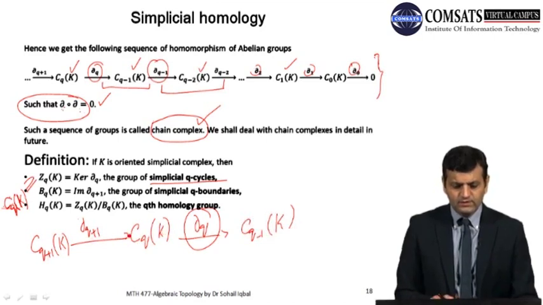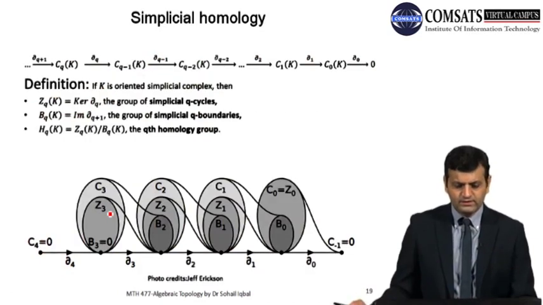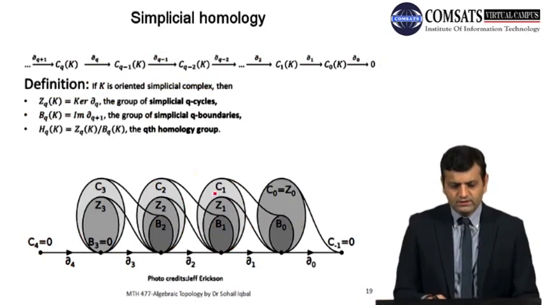This boundary map has some image elements in C_q(K). So take elements of C_{q+1}(K) and the images will be elements of C_q(K), and we are calling them the simplicial q-boundaries, because this is the boundary operator and we are calculating the boundaries. Okay, so let's have a look at this picture. Inside any q we can define this homology group as Z_q(K) quotient B_q(K).